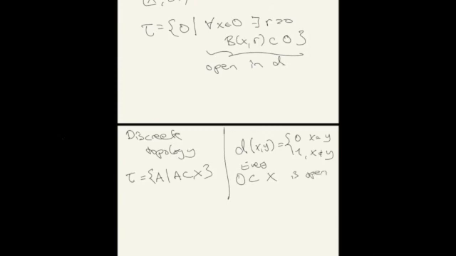The reason is that if I take the ball of radius 1/2, I don't include any other points, because every other point is at distance 1. So this ball is just equal to {x} in this metric. So for every x in O, if you take r equals 1/2, then B(x, r) is contained in O. So O is open. Every subset is open, and these topologies are the same.